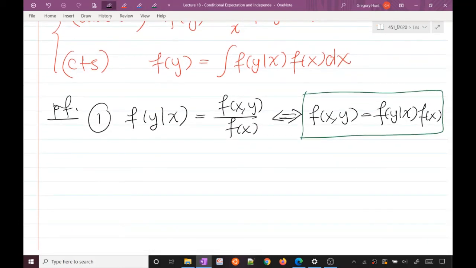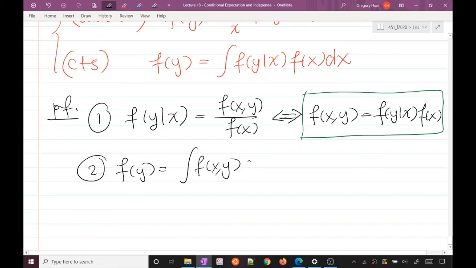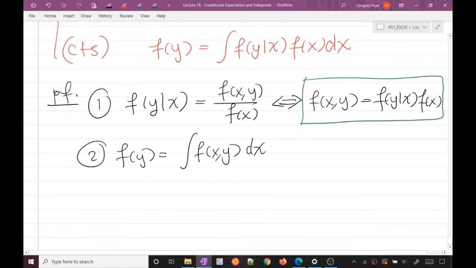And the second thing to note is that f of y, the marginal of y, is the integral. We could just take the joint and integrate out x, right? That's back to the very first lecture on joint random variables. We can get the marginals by integrating out the other random variable.